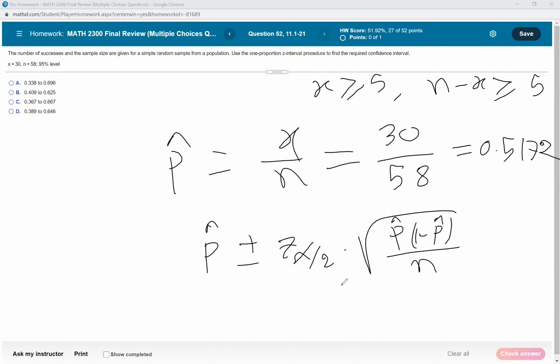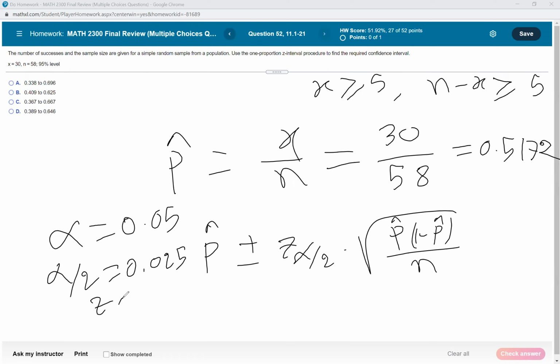You will plug in all the numbers here, where alpha is 0.05, so alpha over 2 is 0.025. So Z alpha over 2 is, from the table, 1.96.